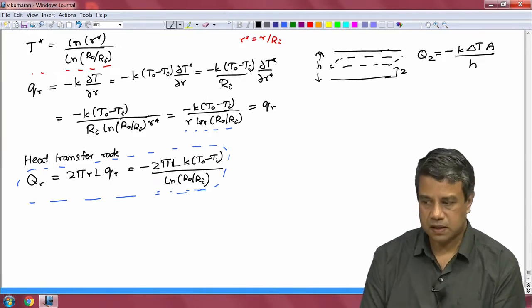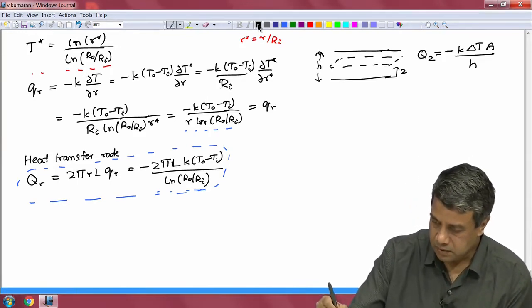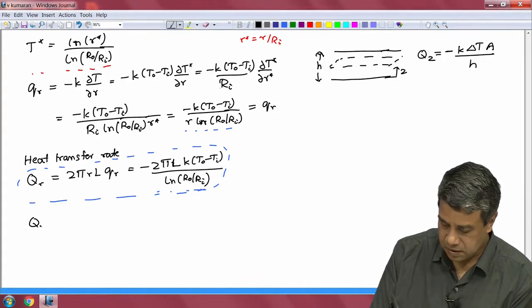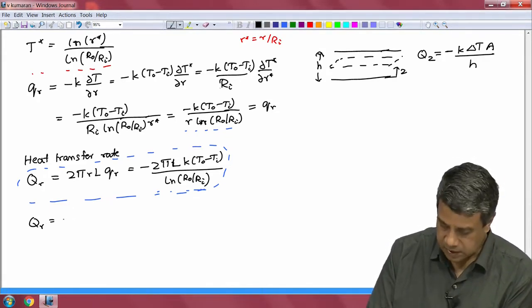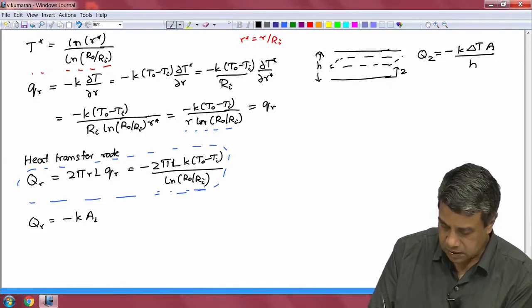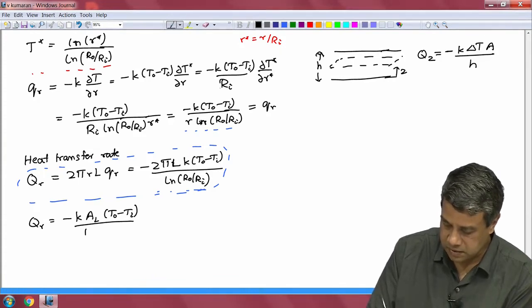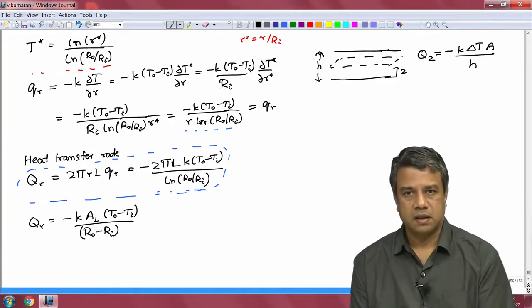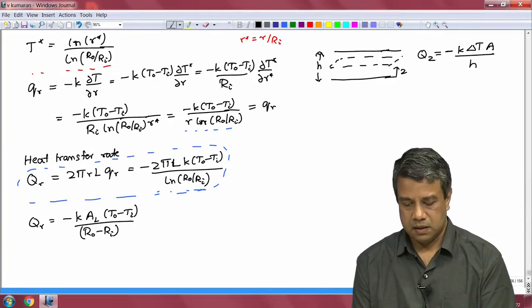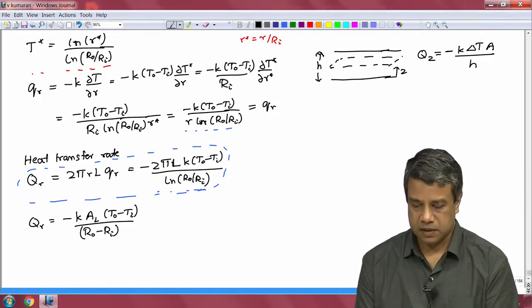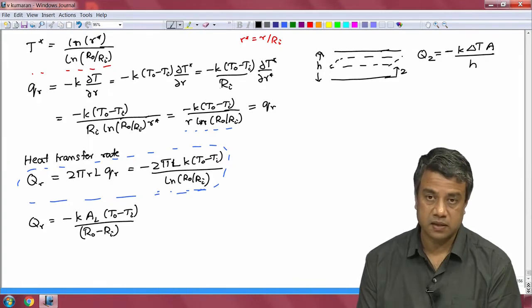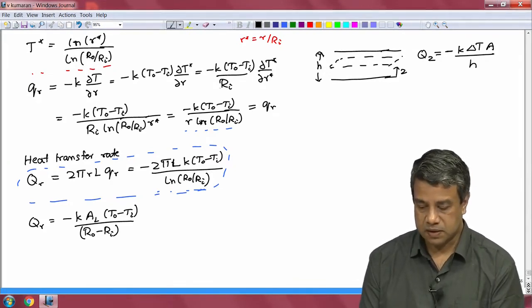If you try to write it in a similar form, what you would write is that Q r is equal to minus k A L into (T naught minus T i) by the thickness, which in this case is R naught minus R i. If you write it this way, then this A L is not the actual area. It is what is called the logarithmic area.